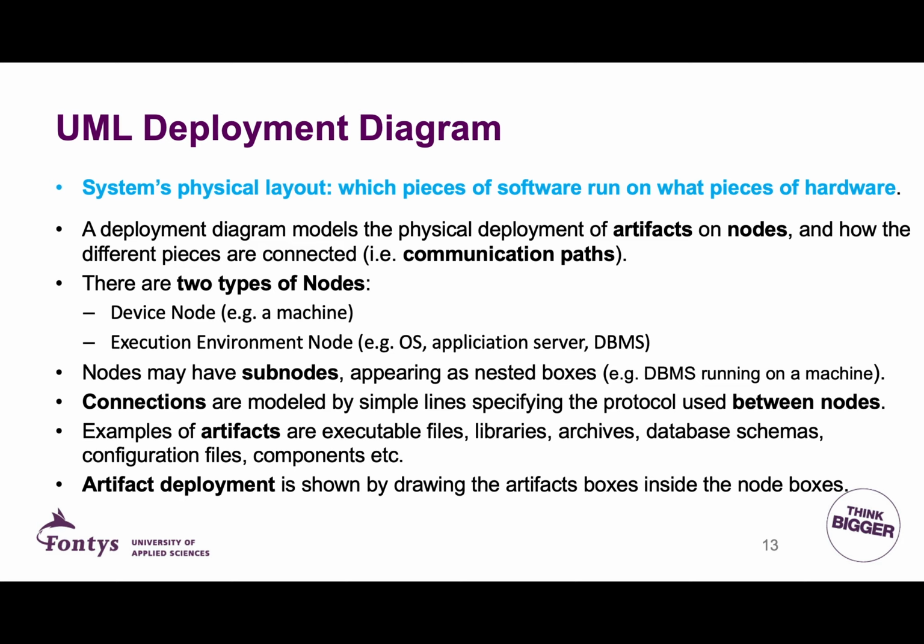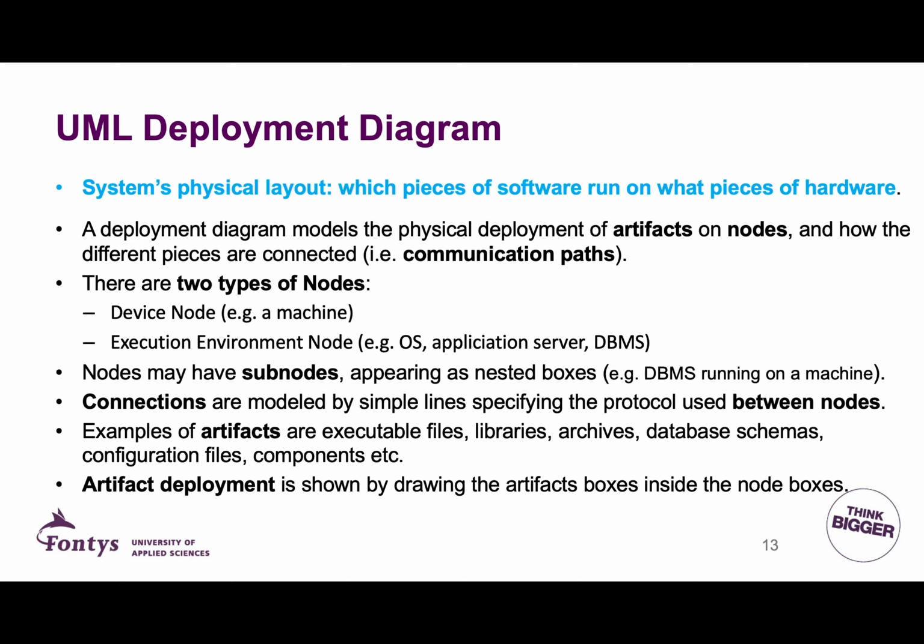So a deployment diagram models physically the artifacts which you usually create and where they are running, on which nodes. There are two types of nodes in a deployment diagram.